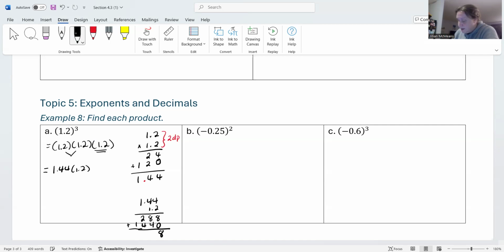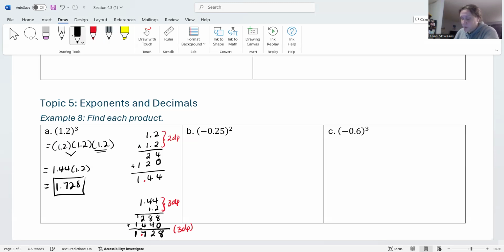So we get 8. 8 plus 4 is 12, so I keep a 2, I carry a 1. And then 4 plus 2 is 6, plus the 1 I carried is 7. And then there's still that 1 to drop down. And in my factors, I have 3 decimal places, which tells me I need 3 decimal places in my final answer. So the final answer, 1.2 to the third power, is 1.728.